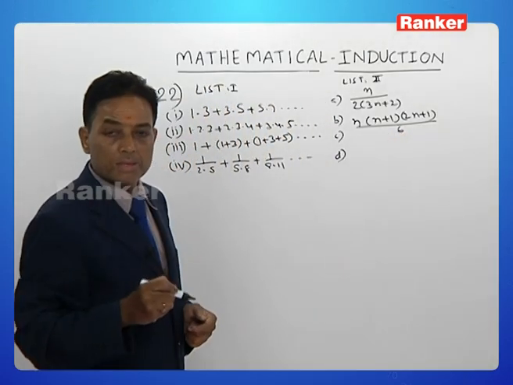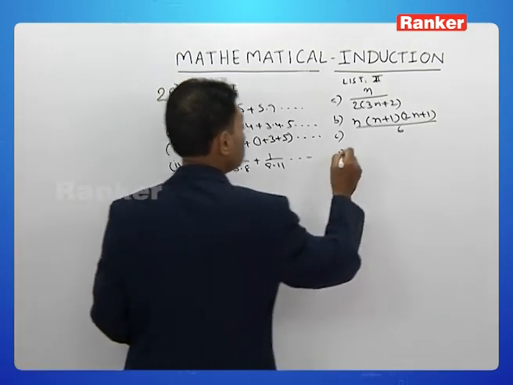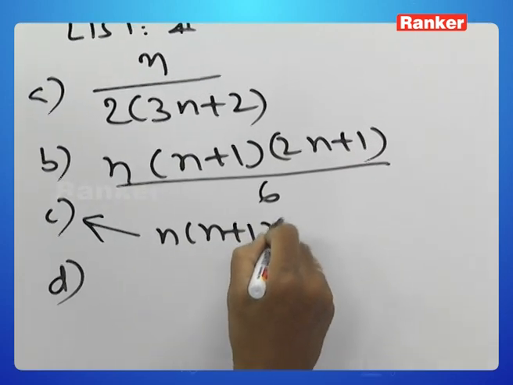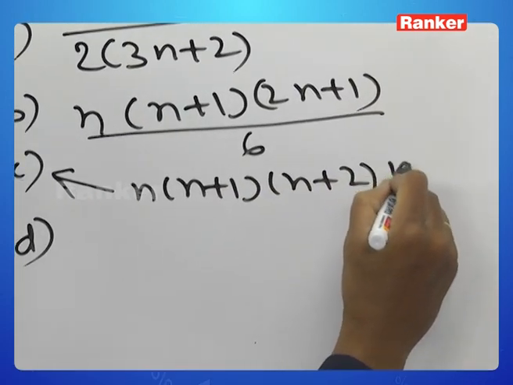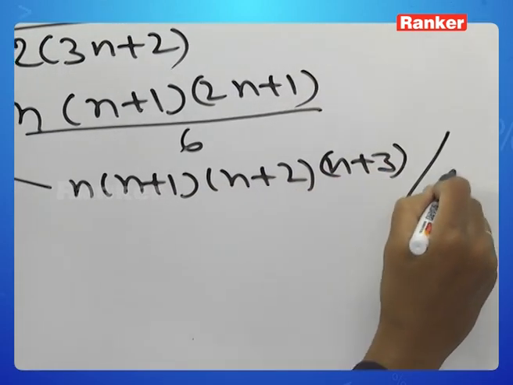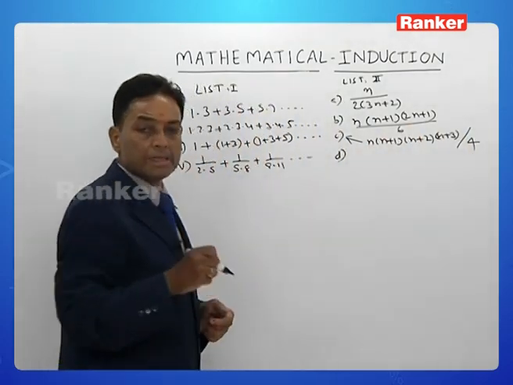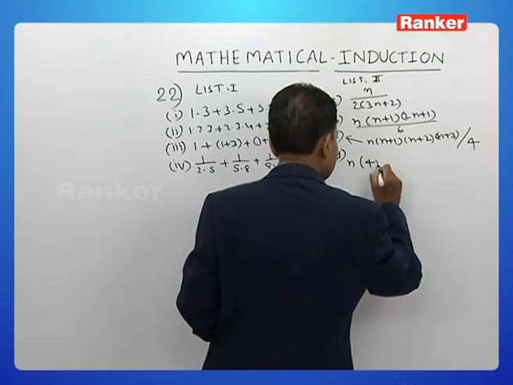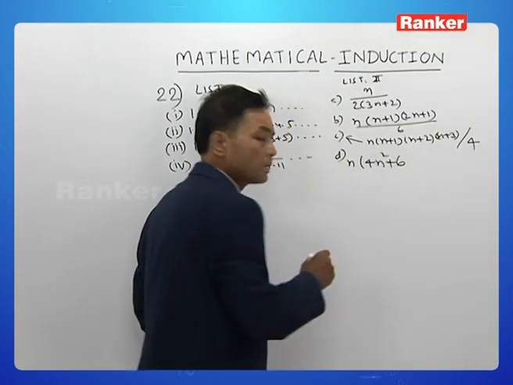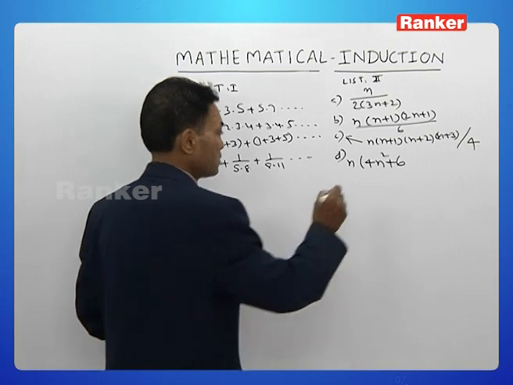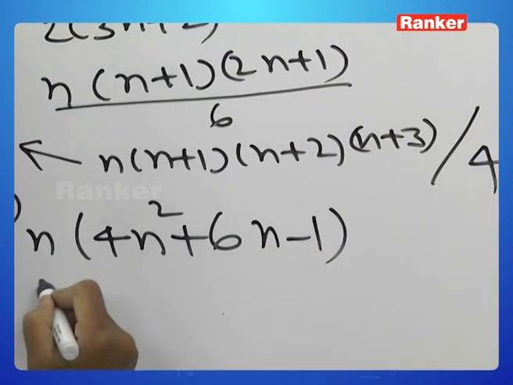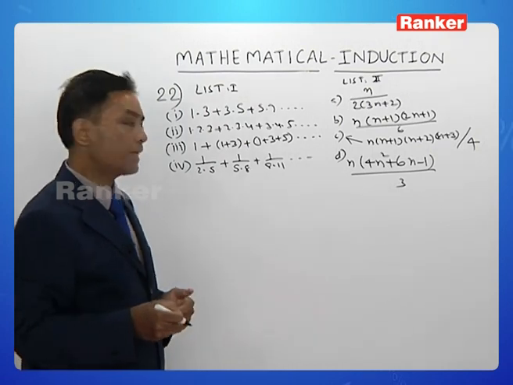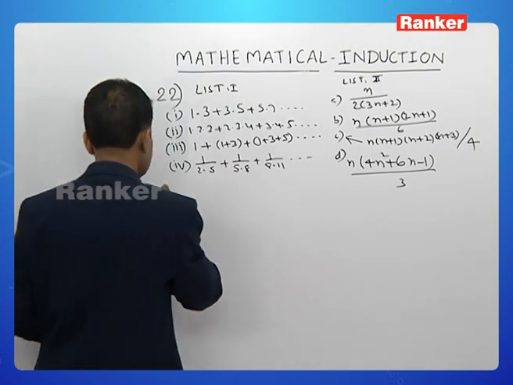And the third one, C, is n into n plus 1 into n plus 2 into n plus 3 by 4. And finally, D is given n into 4n square plus 6n minus 1 by 3. Now, let us see what is the right option, meaning the correct matching.